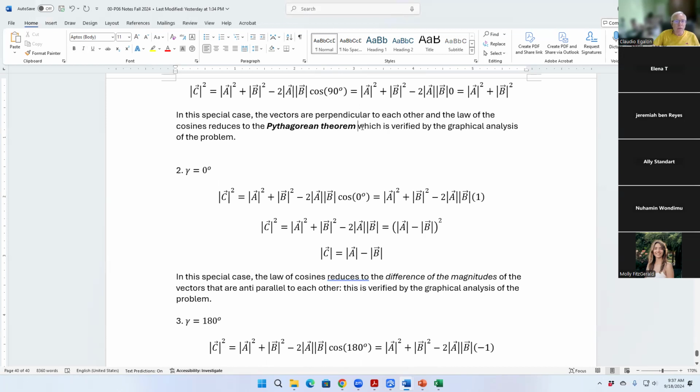Right? This is verified by the graphical analysis of the problem.